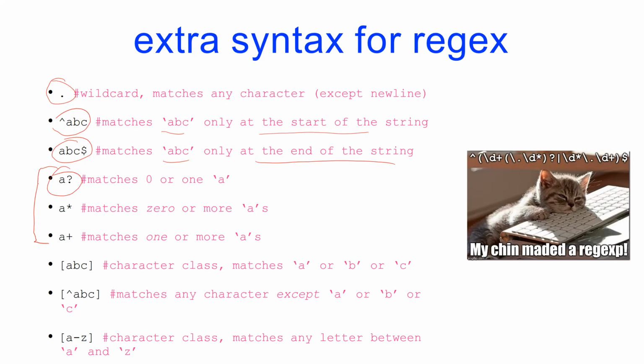Then you can memorize these in a group. A question mark will match 0 or 1 of A. That means I want A to appear 0 or 1 times. Of course, you can put B question mark, meaning I want B to appear 0 or 1 times. We're just using A, B, C as examples; you can put anything. Then A star will match 0 or more A's.